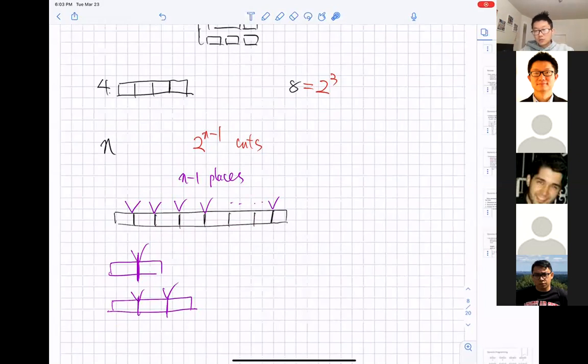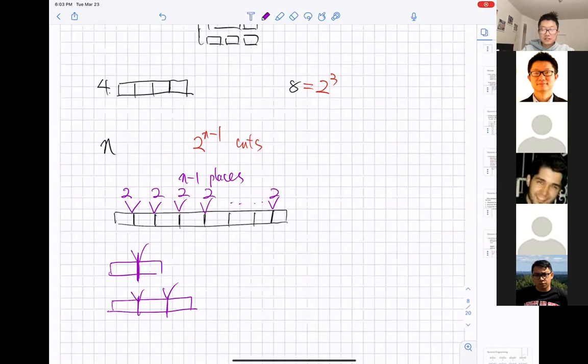And at each of these places, how many choices do we have? 2 choices, to either cut it or not.